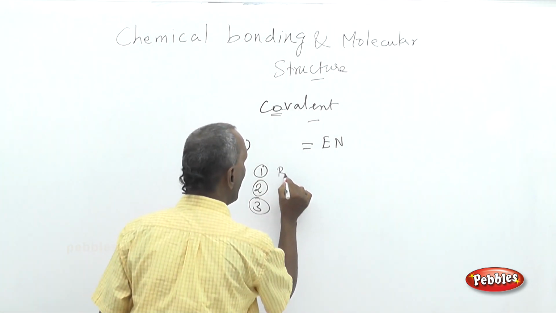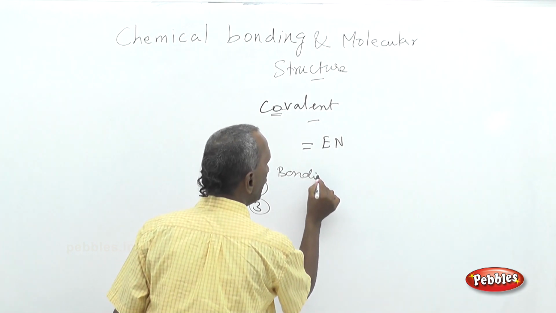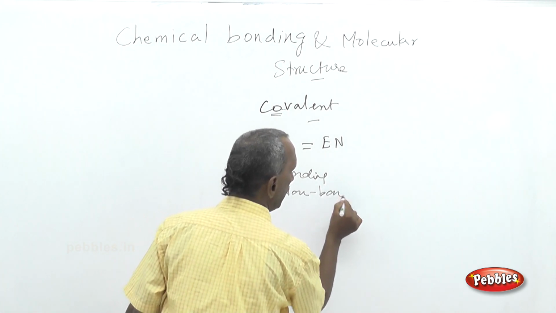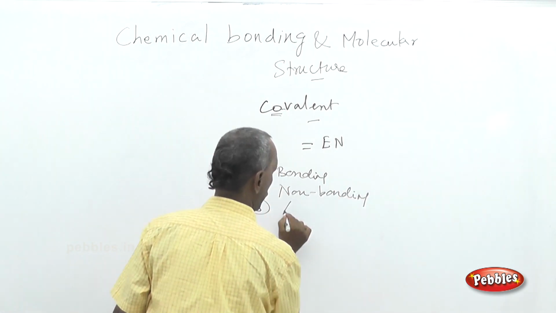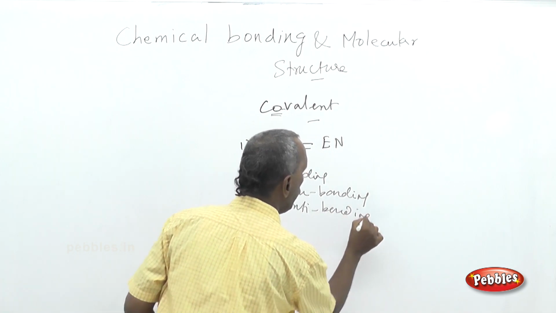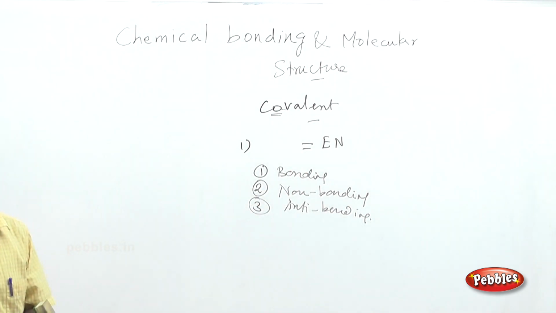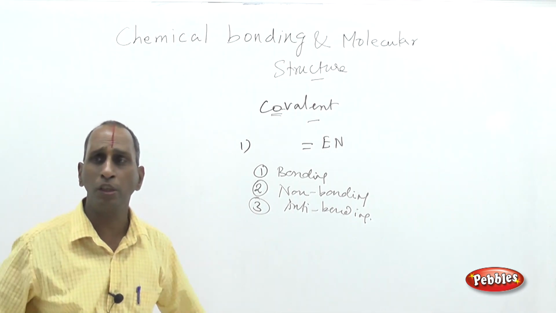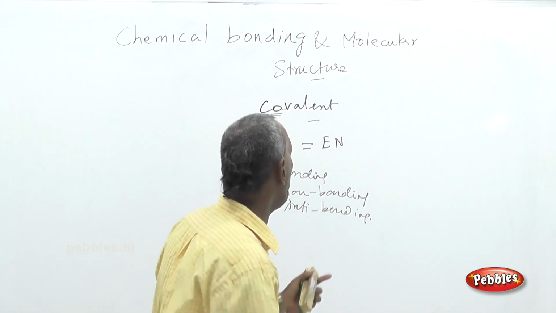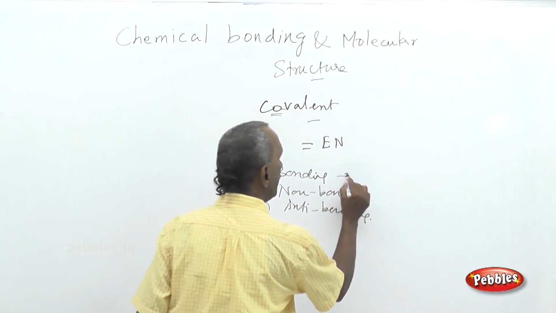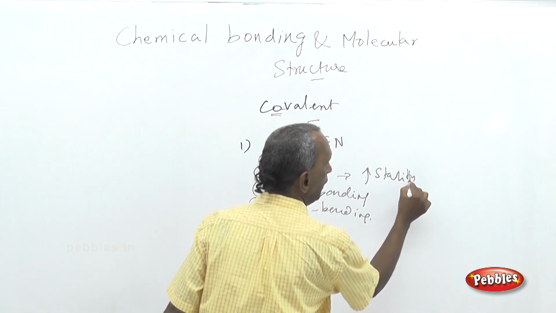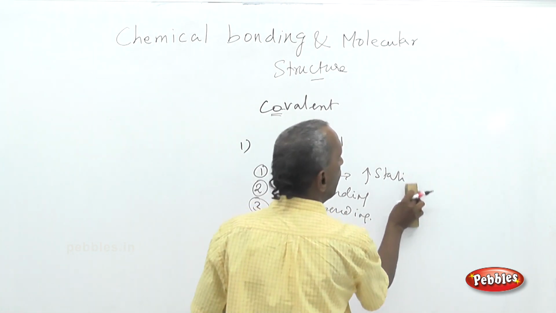Now we have to remember what is meant by these types of electrons: bonding electrons, non-bonding electrons and anti-bonding electrons. These are the types of electrons involved in compound stability. Bonding electrons tend to increase the stability of the molecule.